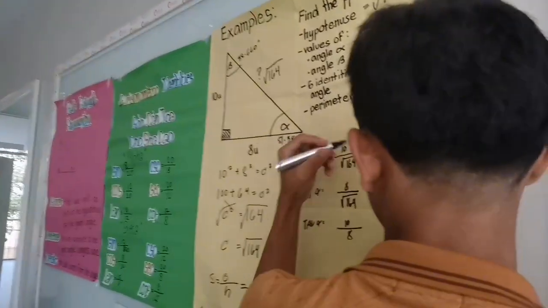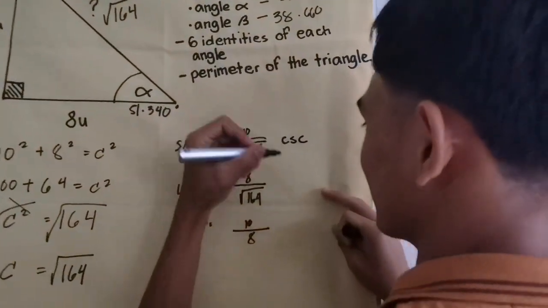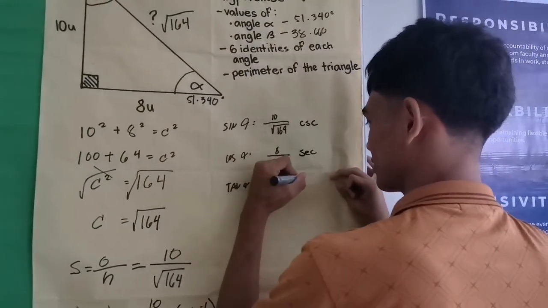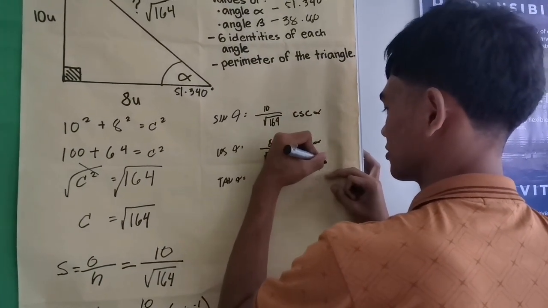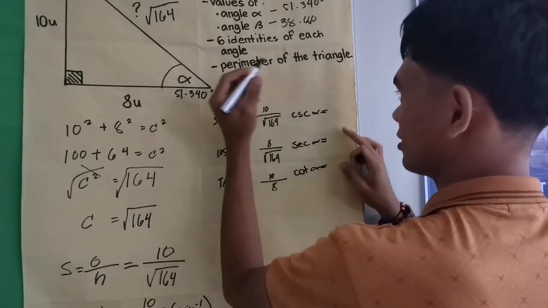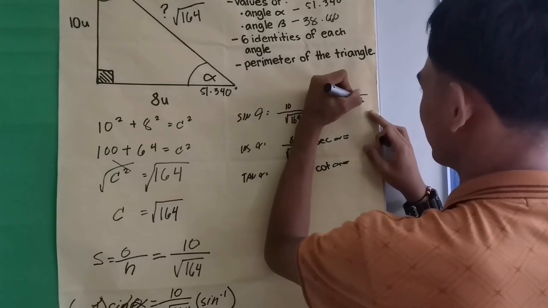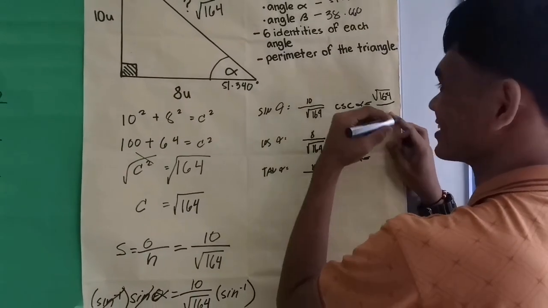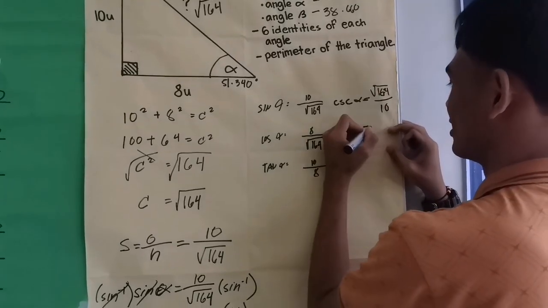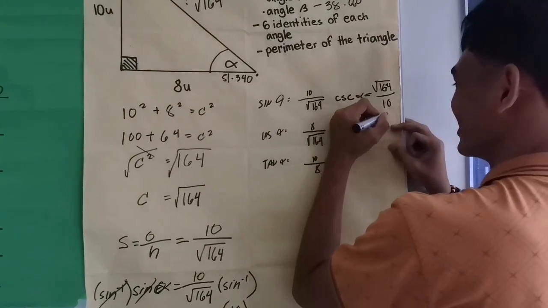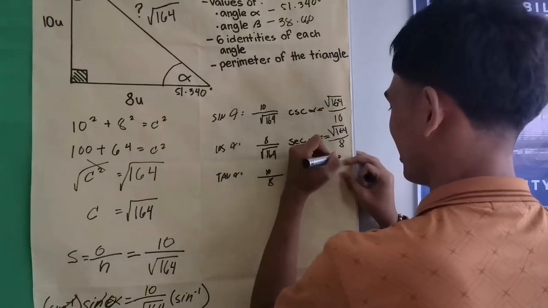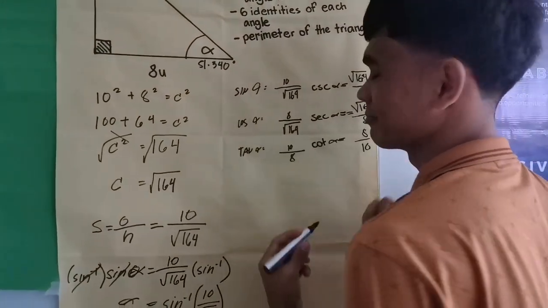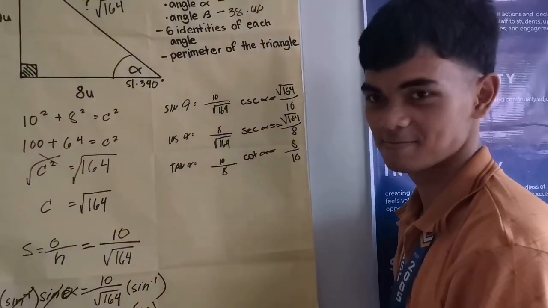The square root of 164 over 10, the square root of 164 over 8, and 8 over 10. Is this right, ma'am? Yes, very good. Clap for John Michael.